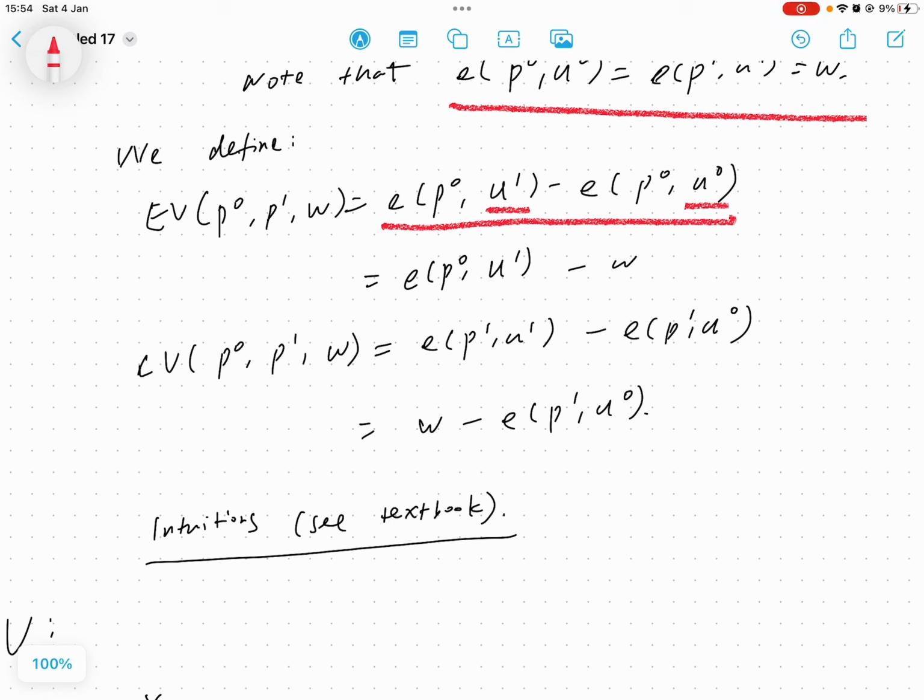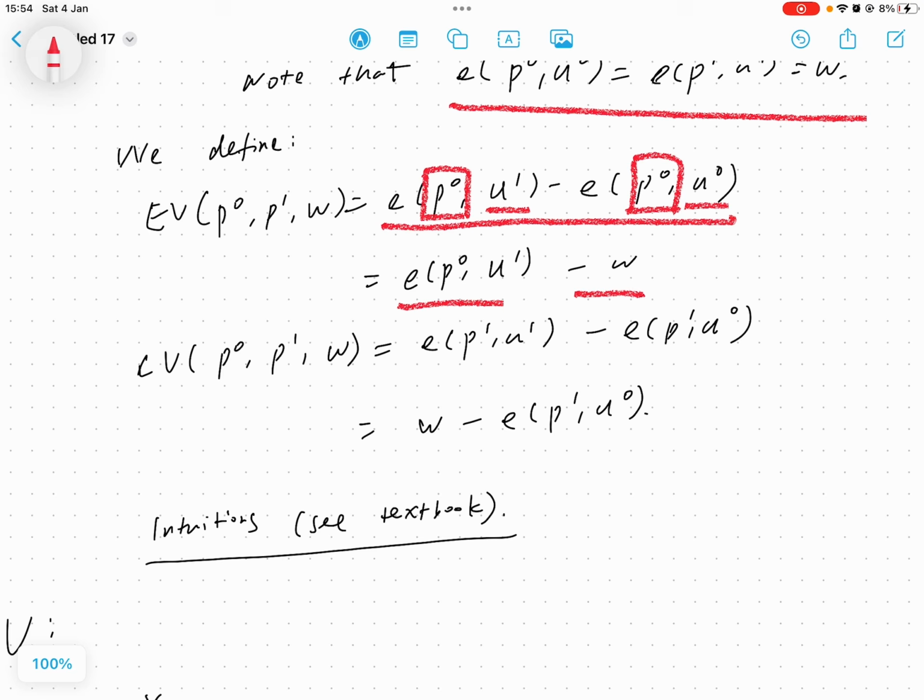The important part for EV is that we are always using the same old price, P0. The other term will be just W.